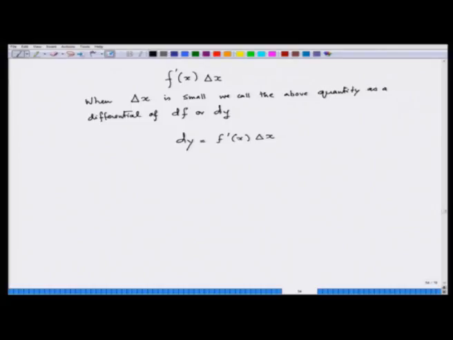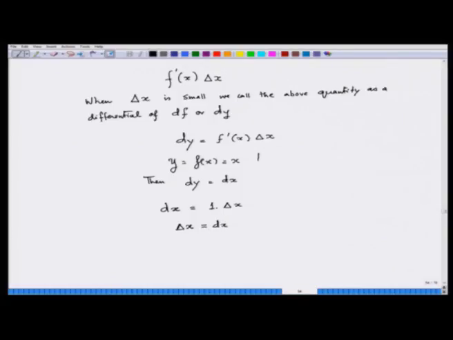Now, an interesting thing emerges. Let me consider the function y is equal to f of x is equal to x. Then dy is basically my dx or df. So what would it mean? dy in this case, or dx, is equal to f dash x, which is just 1, into delta x. So delta x, whatever be your x, can always be written as d of x.